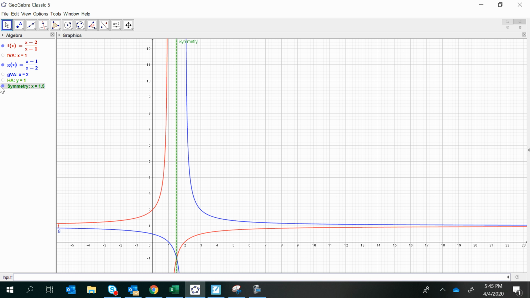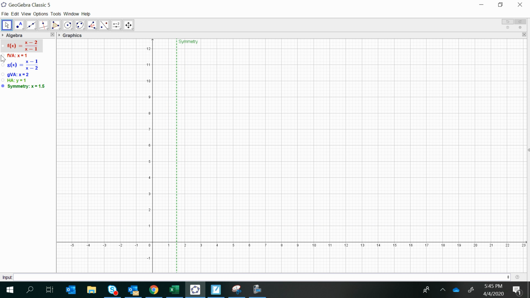And this is because it is halfway in between the two vertical asymptotes of each function. Here's the vertical asymptote of my red function, here's the vertical asymptote of my blue function. 1 and 2, if you average them, you'll get the midpoint is 1.5. I don't know if that really helps you understand why, but that's what's happening. So that's why they look symmetric across that when they're graphed at the same time.